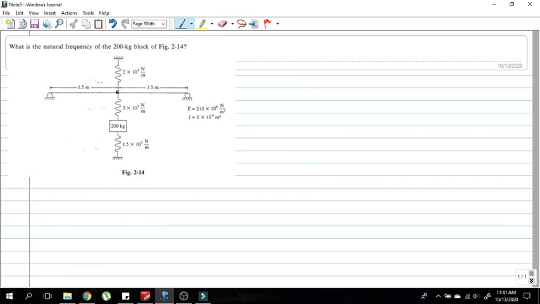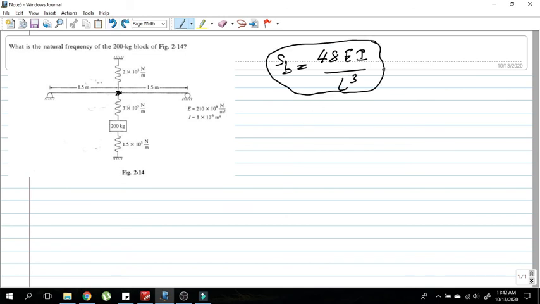And since the system is attached at the midpoint of the beam, we can find the stiffness value of the beam. I will take it as SB by using this relationship, 48 EI over L cubed.